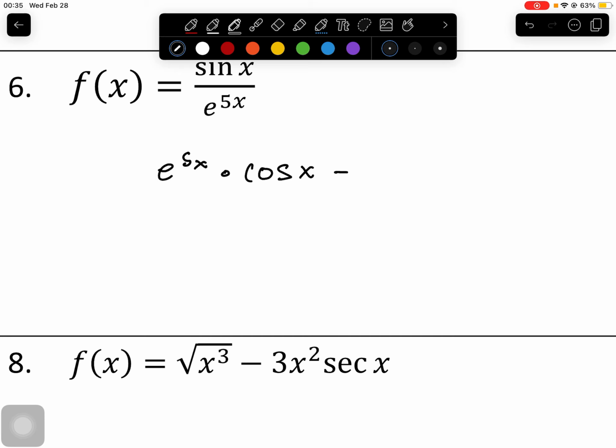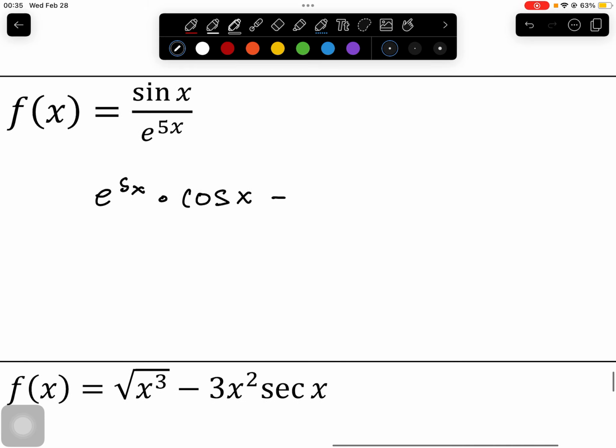And then we're going to do minus the derivative of e to the 5x, which is basically going to be e to the u. So in this case, it's going to be e to the 5x times du. And the derivative of 5x is 5. I'm just going to put these parentheses, and then it's going to be sine x.